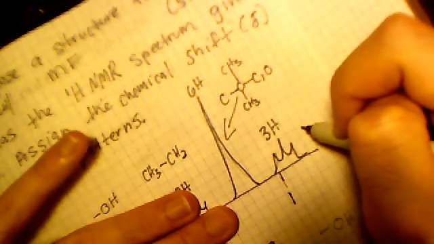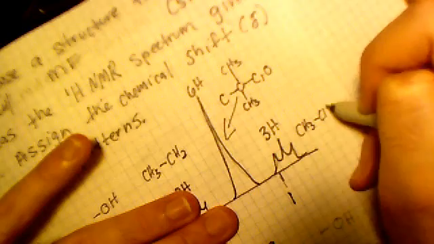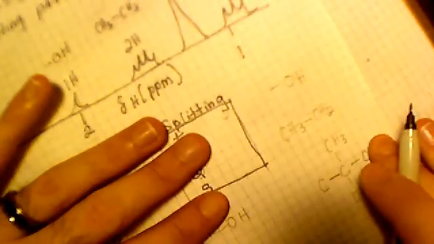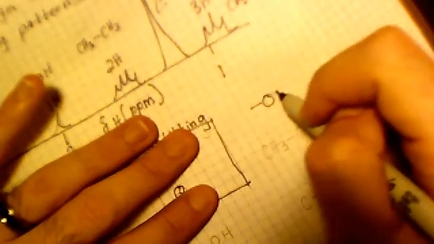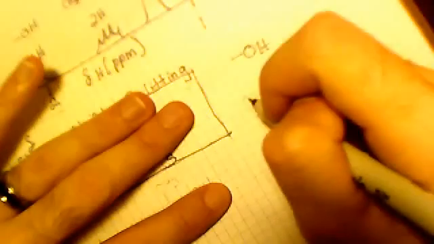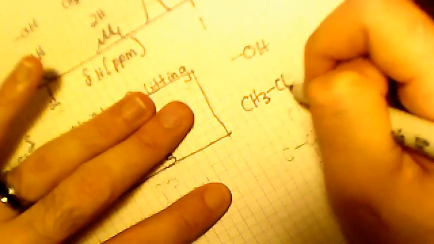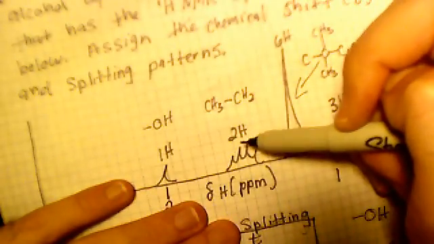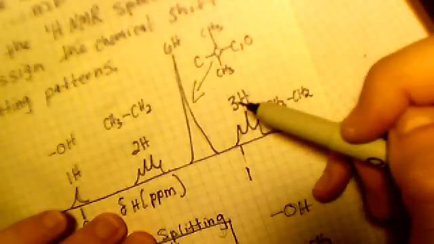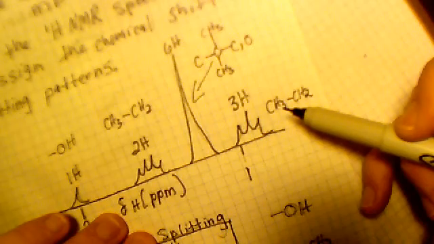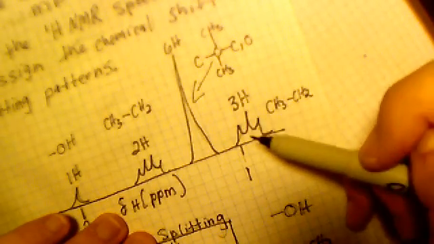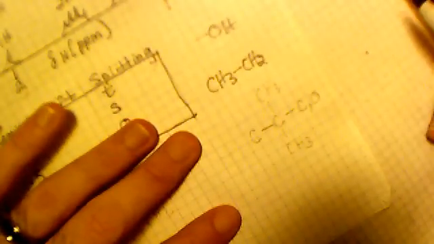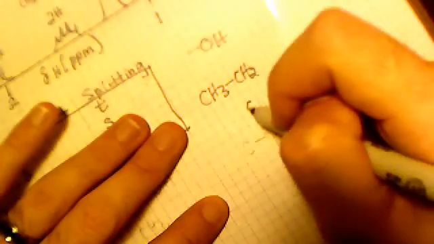So I wrote something like CH3 to CH2. So I have an OH, I have a CH3 to a CH2, which came from here and here. This 3 hydrogens that split into the 3 peaks is here. Whatever, I don't want to get confusing.